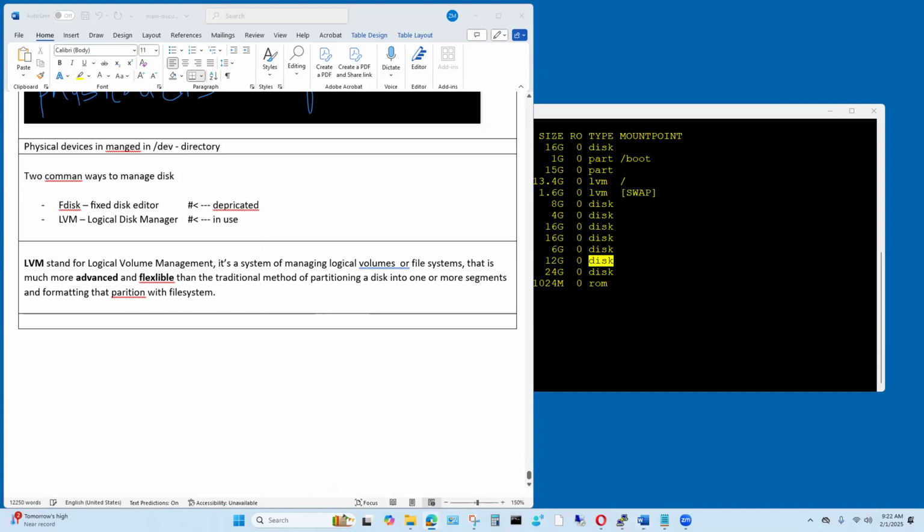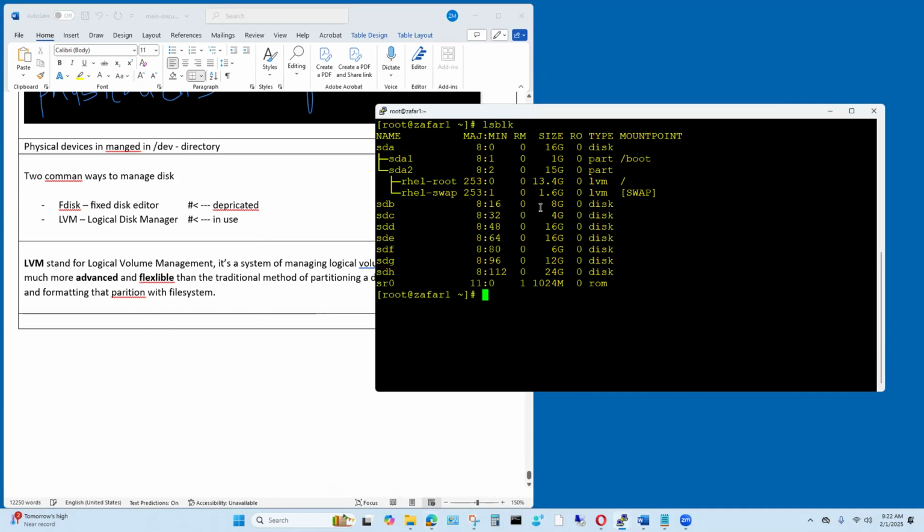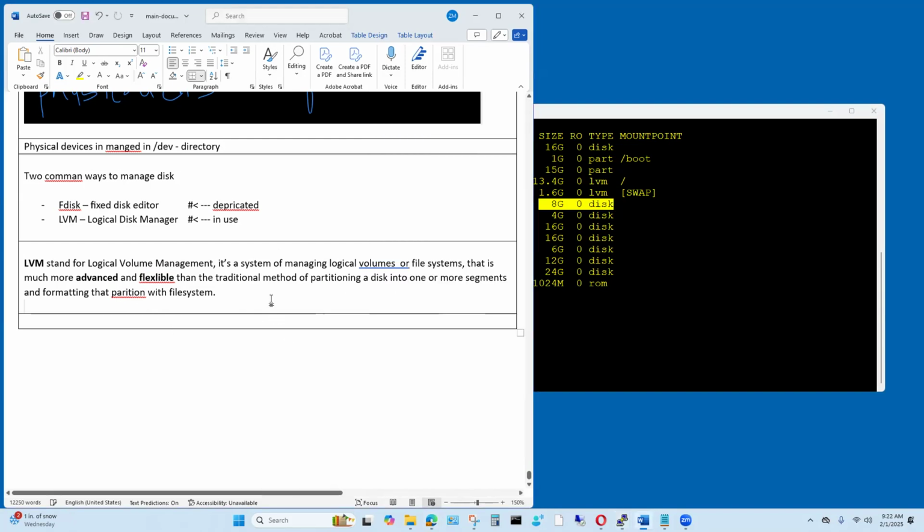Think of this disk as an open floor, like an open room. Then there is something called a file system: partition, formatting, and file system.